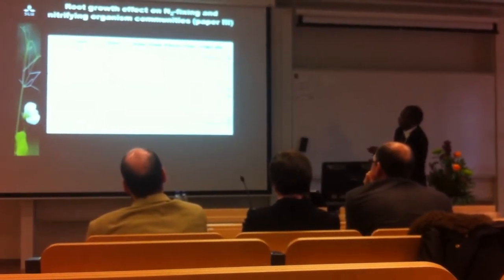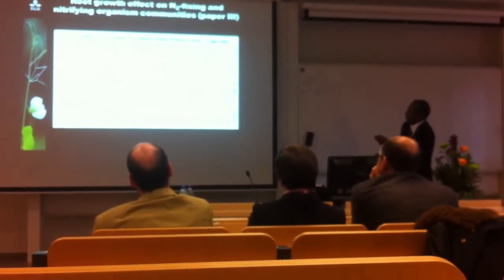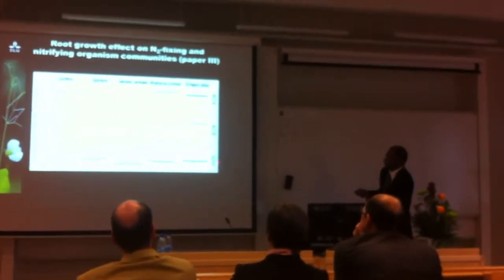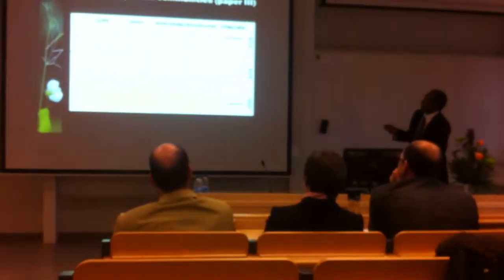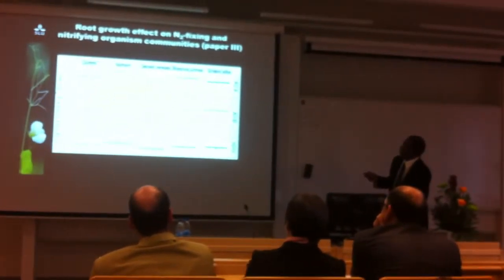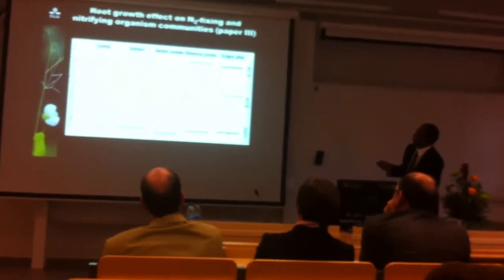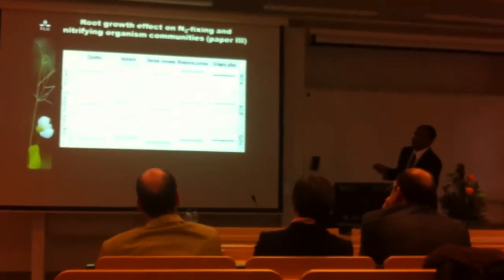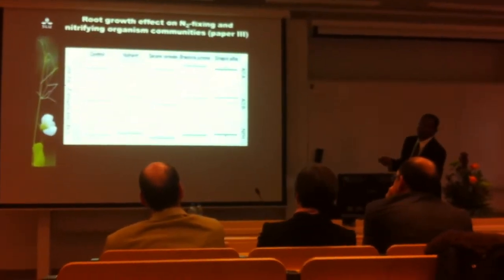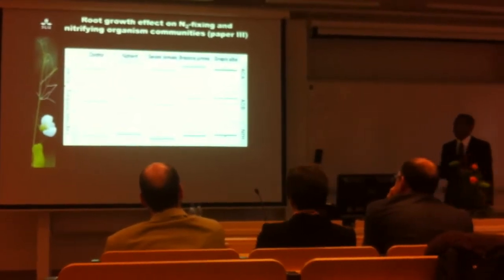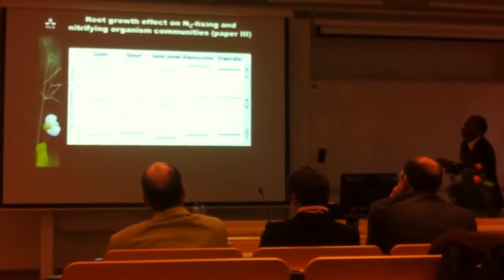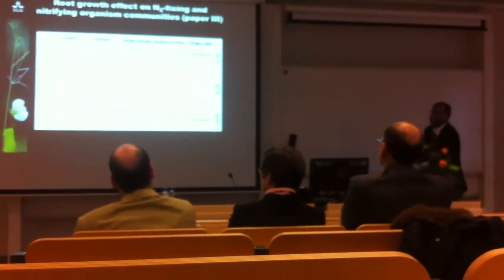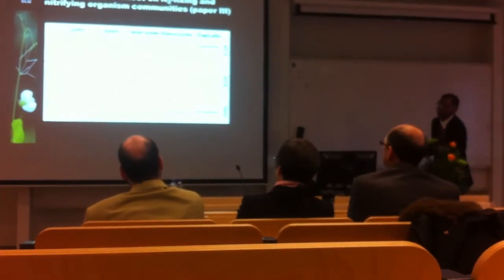And none of the organisms, ammonium oxidizing archaea, ammonium oxidizing bacteria, nitrogen fixing organisms, were suppressed. In the case of ammonium oxidizing archaea, added nutrients significantly enhanced the abundance compared to the control. And the other treatments did not differ significantly.